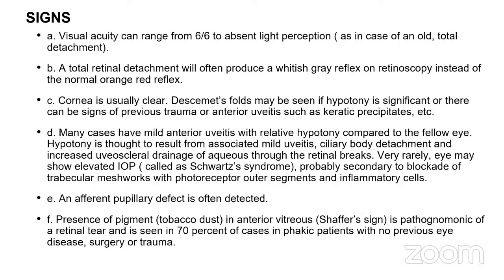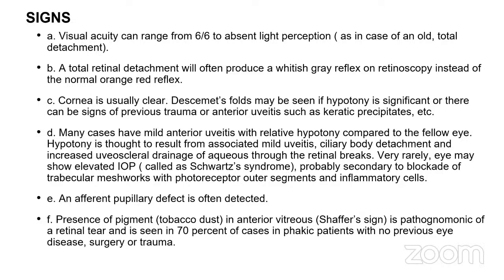Cornea is usually clear. Descemet's folds may be seen if hypotony is significant, or there can be signs of previous trauma or anterior uveitis, such as keratic precipitates. Many cases have mild anterior uveitis with relative hypotony compared to the fellow eye.